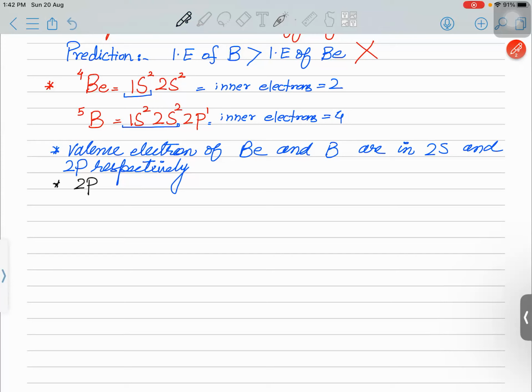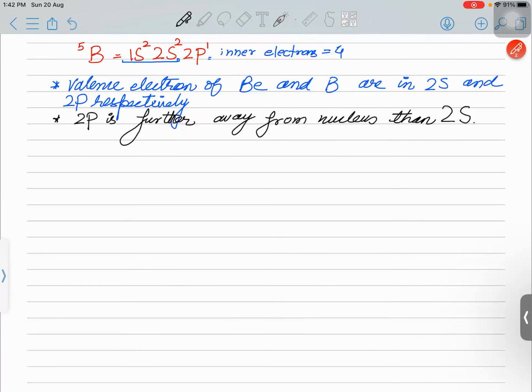So 2p is farther away from the nucleus than 2s. So which one has more shielding? Boron. Very good.